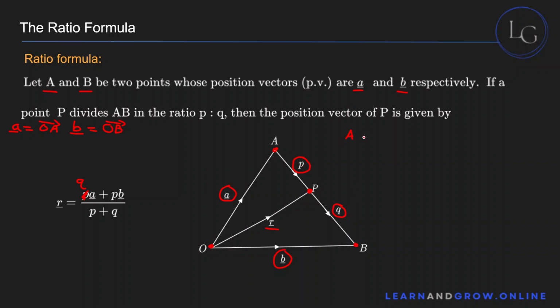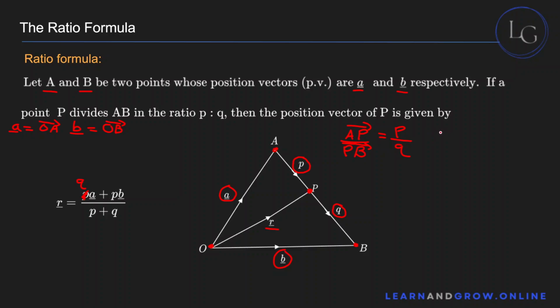So AP to PB is equal to p over q. So let's see how we came to this formula. Let's just cross multiply these.